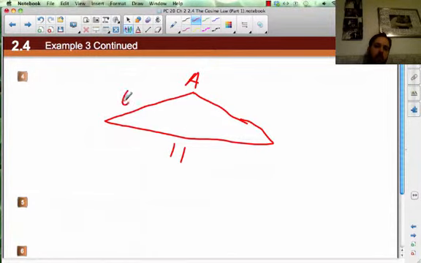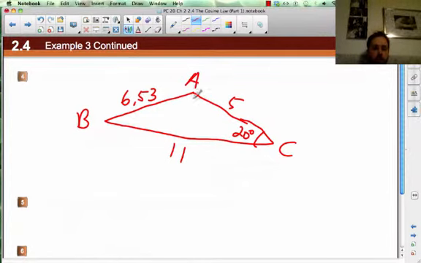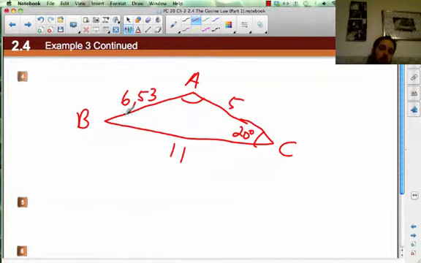And clearly, if these sides are as short as 6.53 and 5, and this is angle B, and this is somewhere that's supposed to be 20 degrees, this more accurately represents our triangle here. And you can see here that angle A is obtuse and angle B is acute.